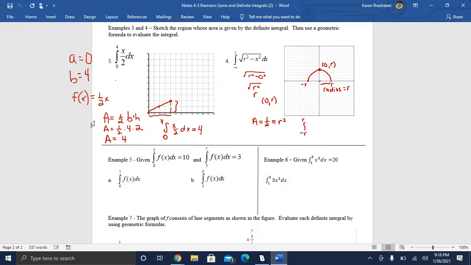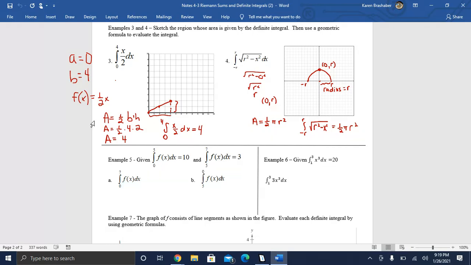So from negative r to r, the square root of r squared minus x squared would be 1/2 times pi times r squared. And so you can evaluate using geometric shapes to get a number or an expression for the integral.